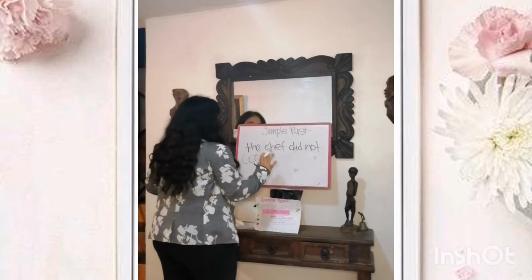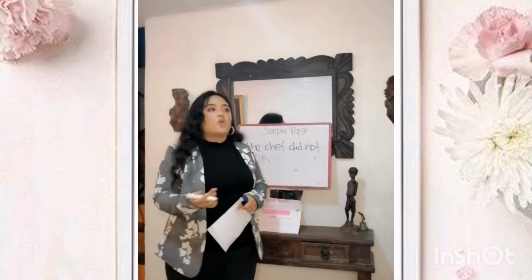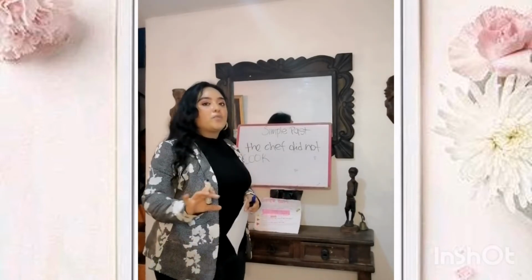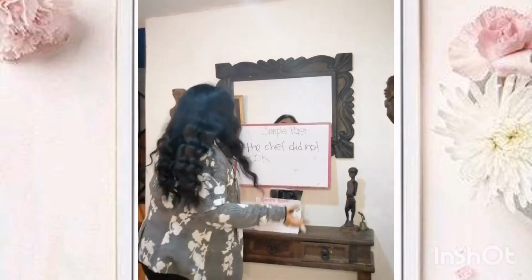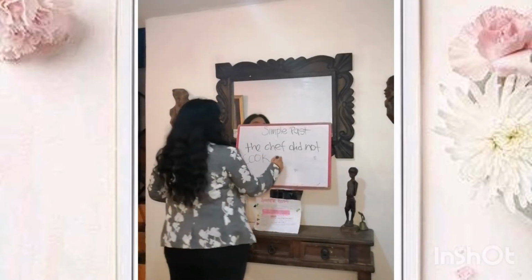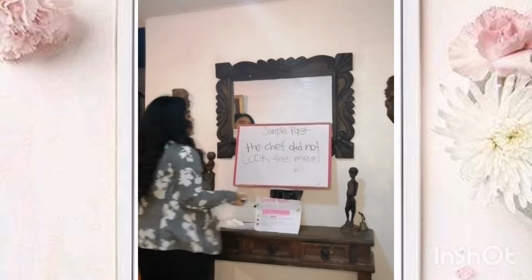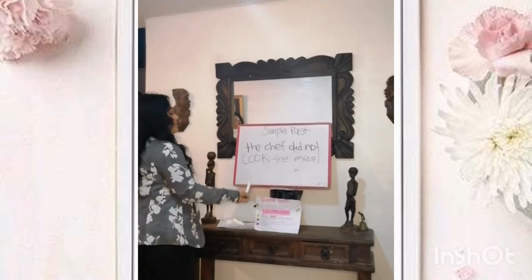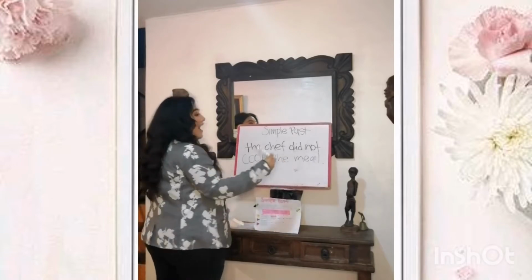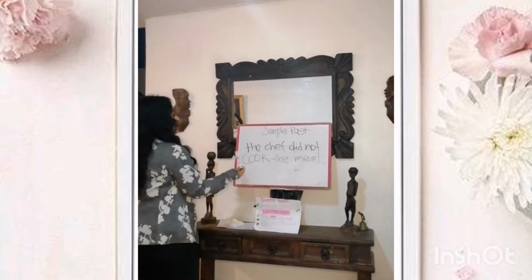And here's something important. When we are doing a negative or interrogative sentence, we are not going to write cooked. We are going to remove the ed. So it's going to be, the chef did not cook the meal. The person that we are talking about is the chef, and then we add did not to convert it into a negative sentence, and then cook the meal.